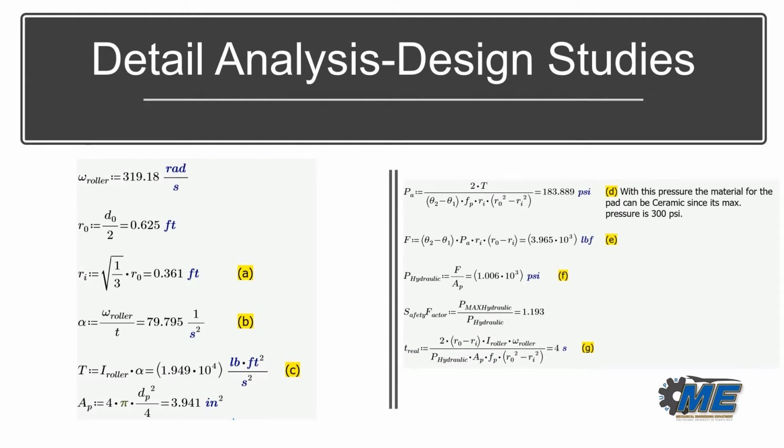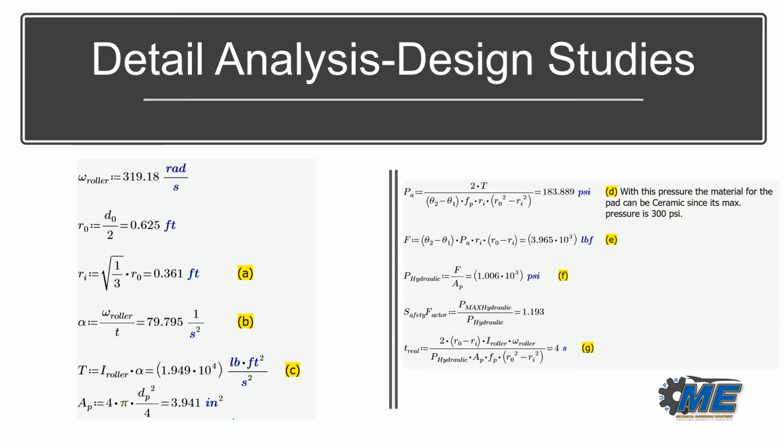First, we use the angular velocity given by the roller. Then we calculate the inner radius, which is A. Then we calculate the angular deceleration using the angular velocity and the time in which the roller has to stop.